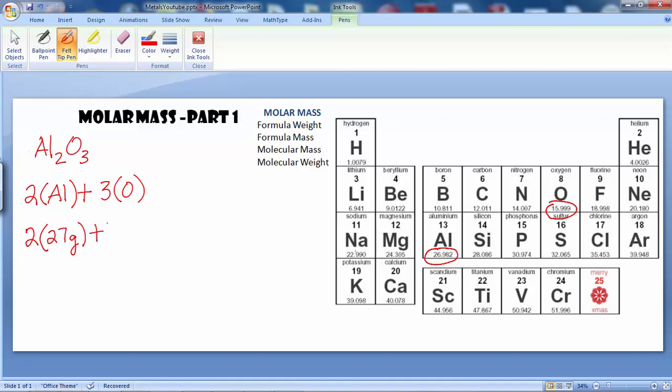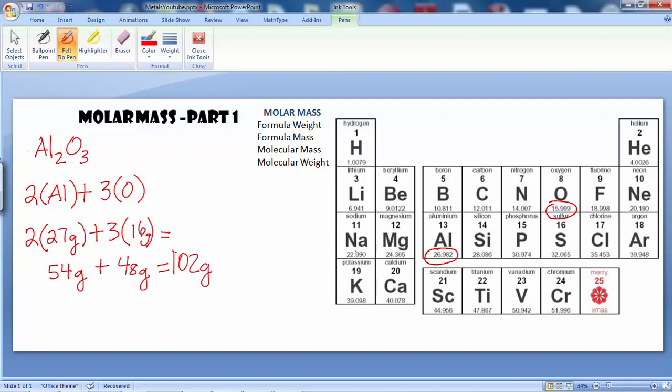Plus 3 times the atomic mass of oxygen, which on this periodic table is 15.999. We'll just round that to a convenient 16 grams. And that is equal to 54 grams plus 48 grams.